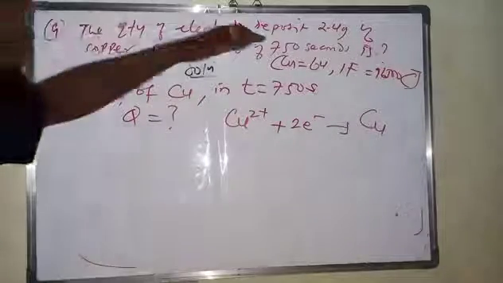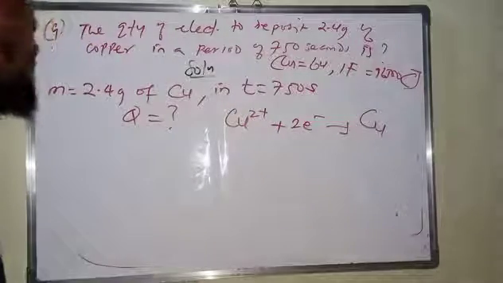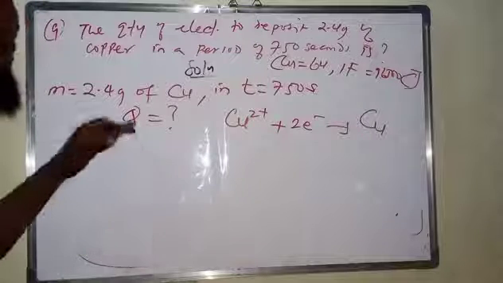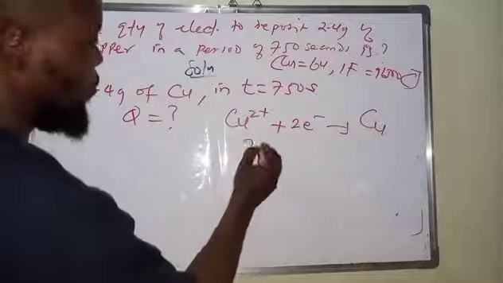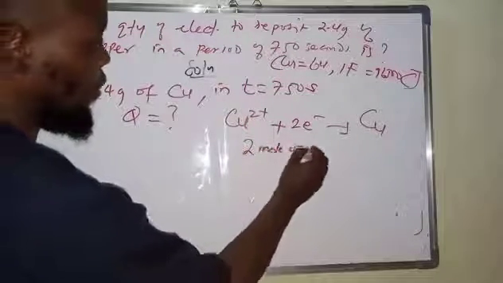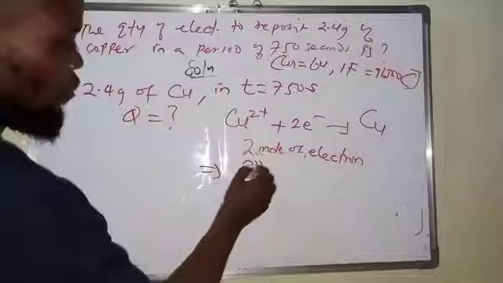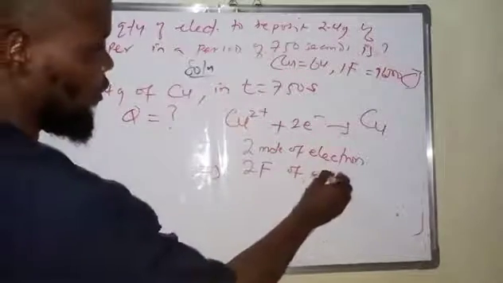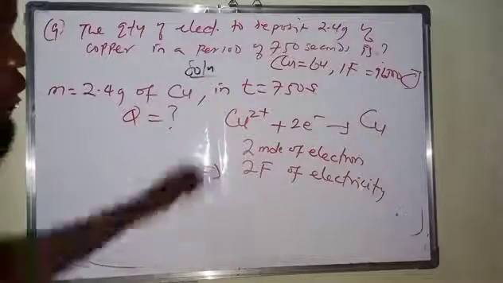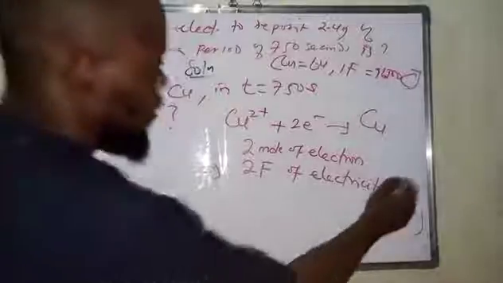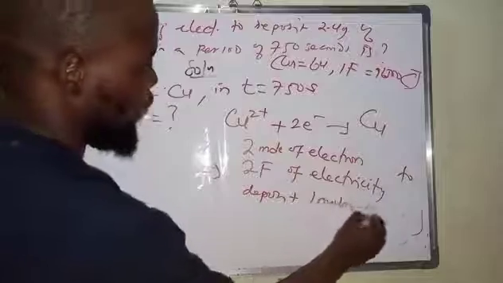So we know the mass, then we know the current. What we are going to do to determine K is this. From here we can see that 2 moles of electrons are involved, and this implies 2 Faradays of electricity to deposit 1 mole of copper.